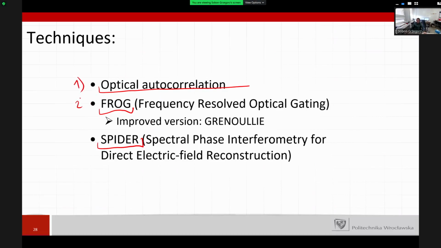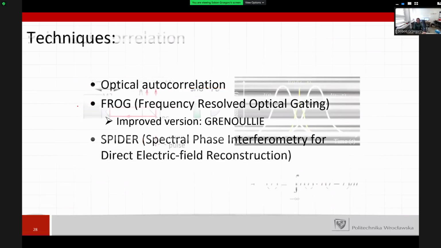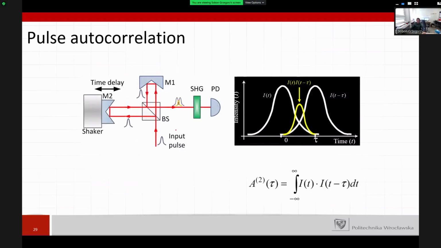And the autocorrelation is generally a much simpler way of measuring pulses. So this is the simplest method, and these two are more advanced. But I will explain that on the example of an autocorrelator. And I will also briefly say a few words about these two other methods.